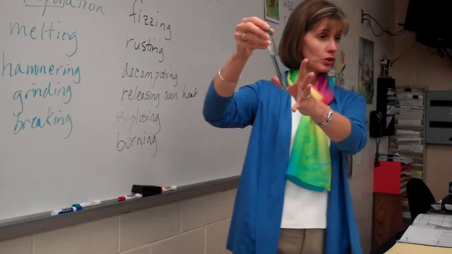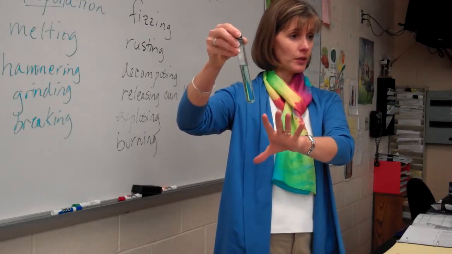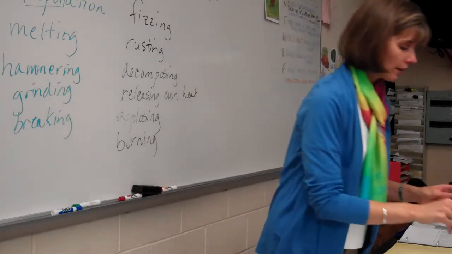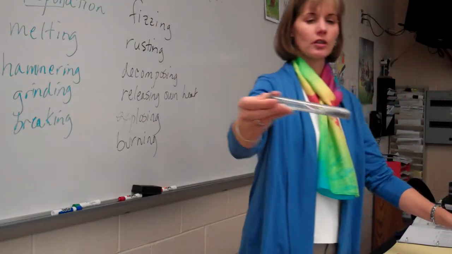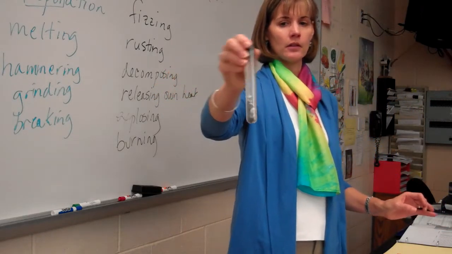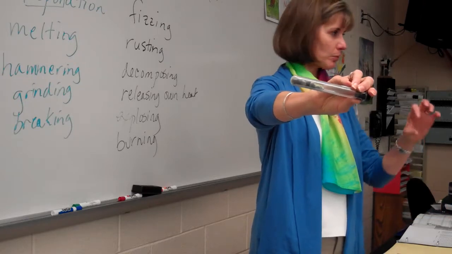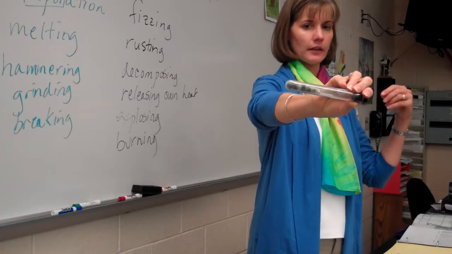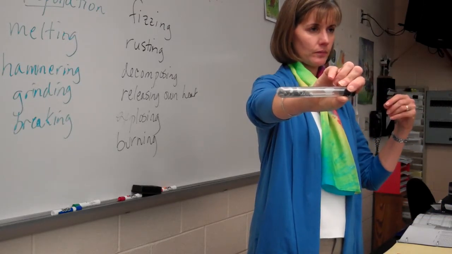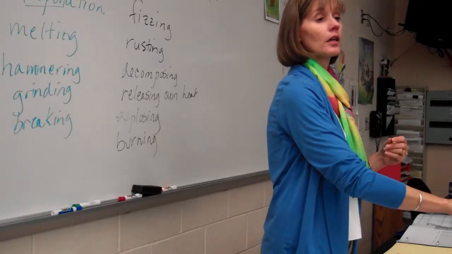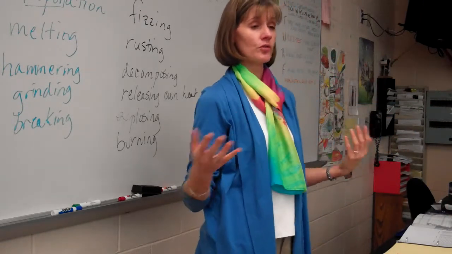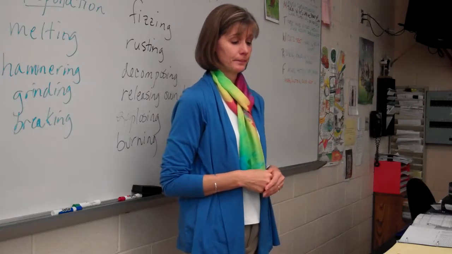That's a homogeneous mixture. We can't tell where the copper sulfate pieces are and the water pieces are. And then I had that mixture of metal shot where we could see the different shapes and sizes of the aluminum and the lead and the copper. That would be heterogeneous, because you can see the bubbles and they're going to separate. Okay.